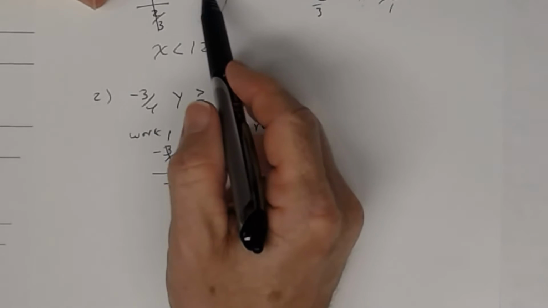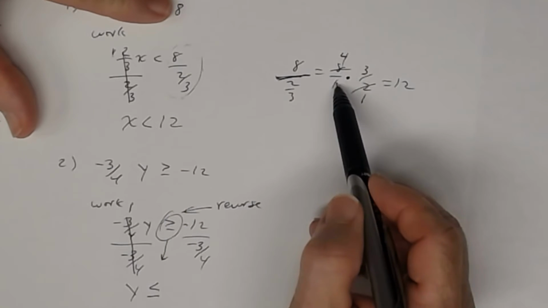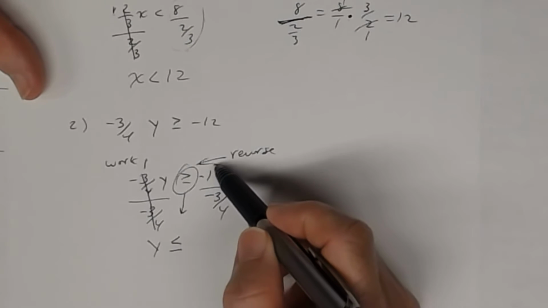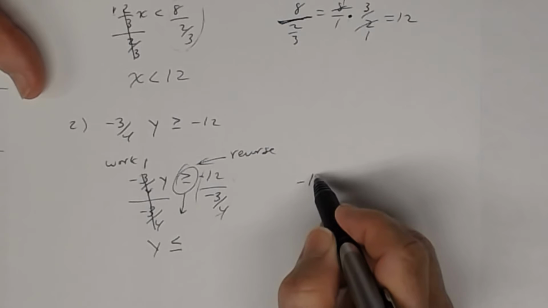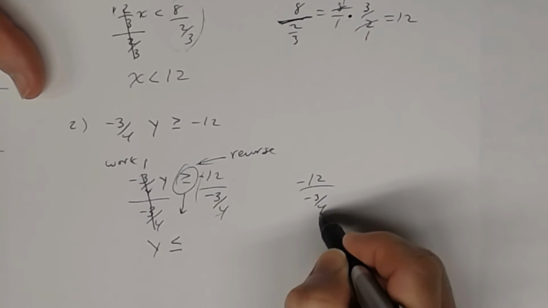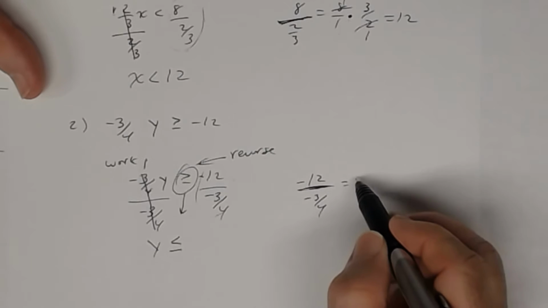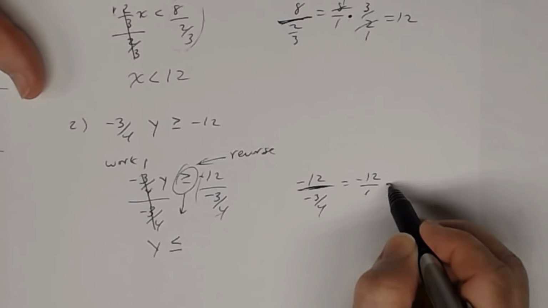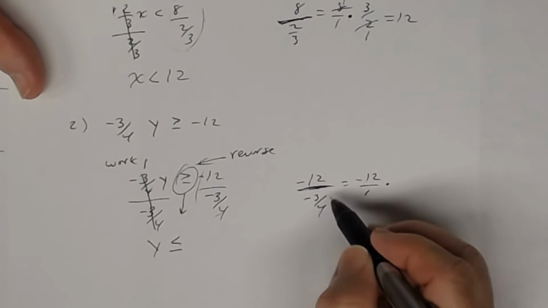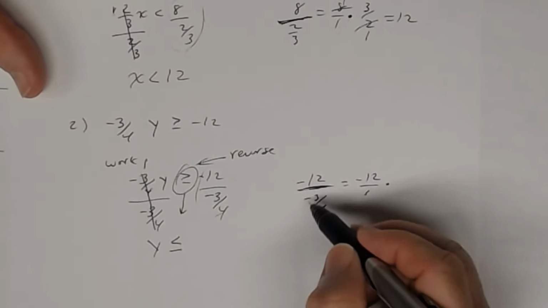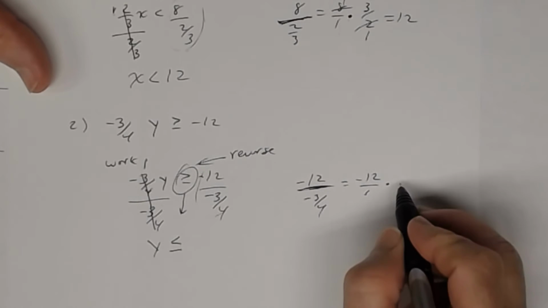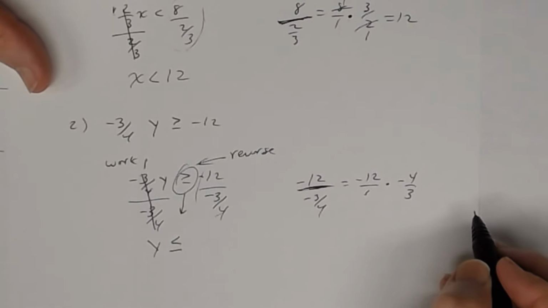And now, just like we did right here, we went to the side, let's do the same thing here. Let's take negative 12 divided by negative 3/4, and let's change that division to multiplication. So I get negative 12 divided by 1 times the reciprocal of the denominator. The reciprocal of negative 3/4 is negative 4/3.